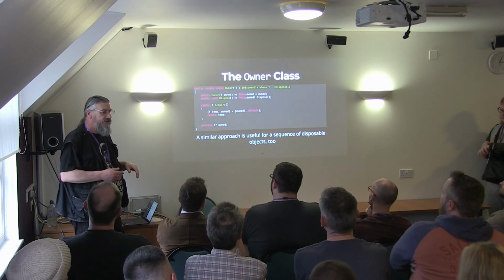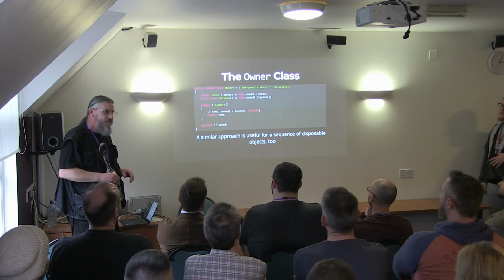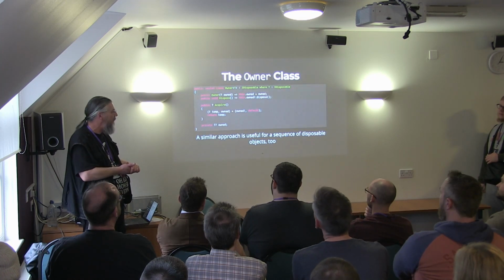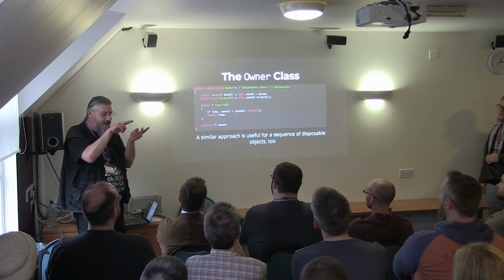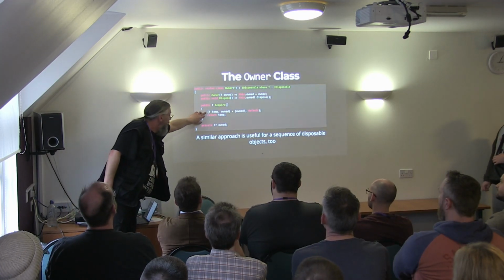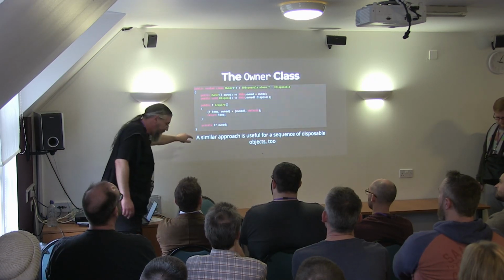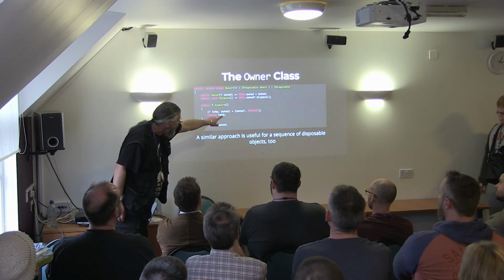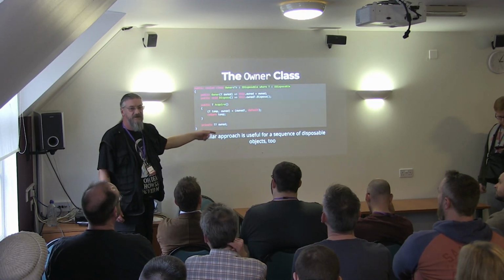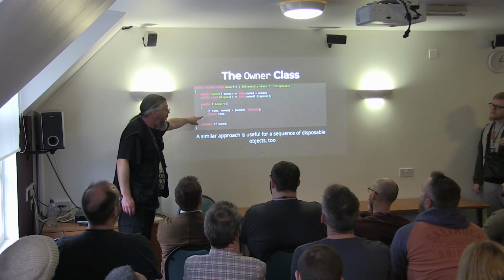C# 7, I think, introduced the value tuple, which has this really nice facility of allowing you to swap one thing for its corresponding object like this. So here we're creating a variable called temp as part of this tuple. And so temp gets assigned to owned, owned gets assigned to default, which for a reference type is going to be null. And then we return the new temp object.